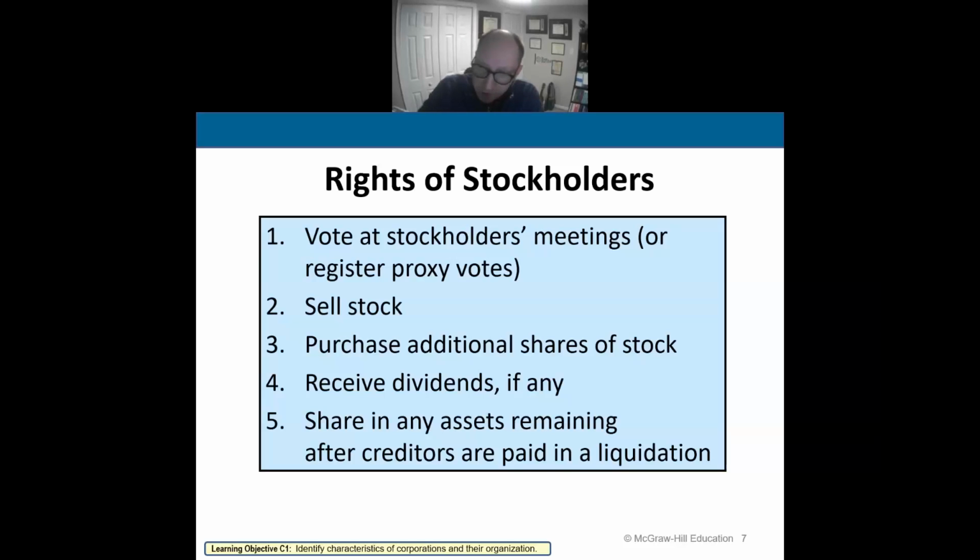The liquidation is I'm going to sell my inventory below cost or at a very reduced price. From that liquidation, Sears paid back their creditors. Anything that was left after the creditors got paid, any remaining stockholders would receive some of those assets. Those are all the rights that stockholders have.